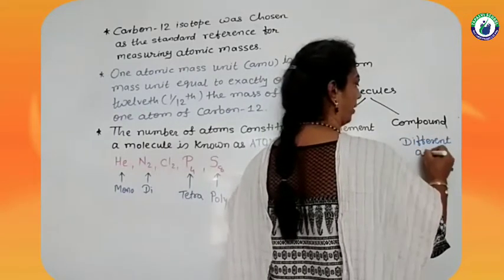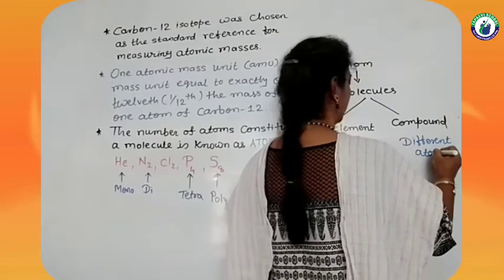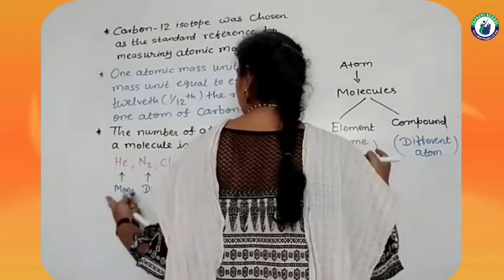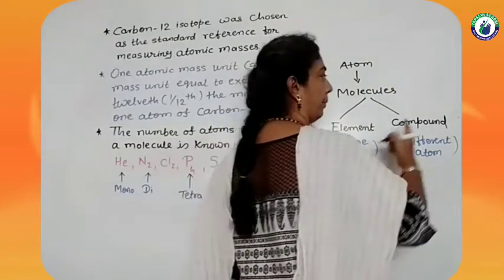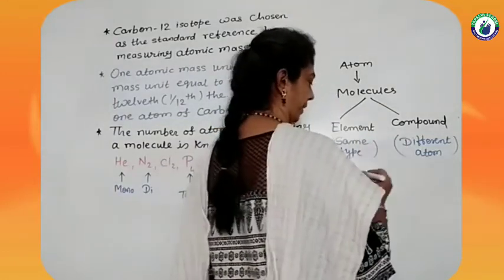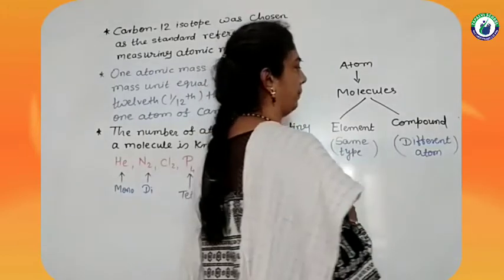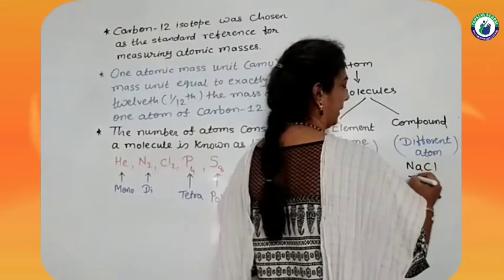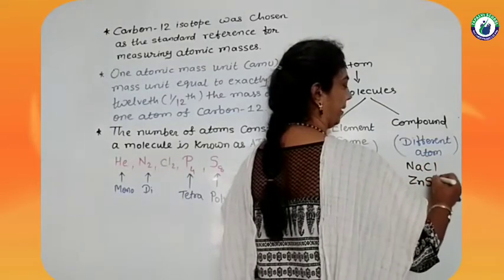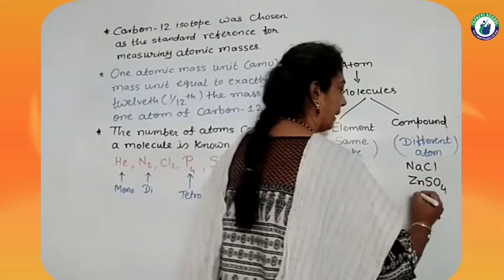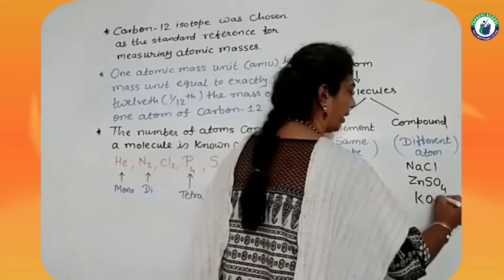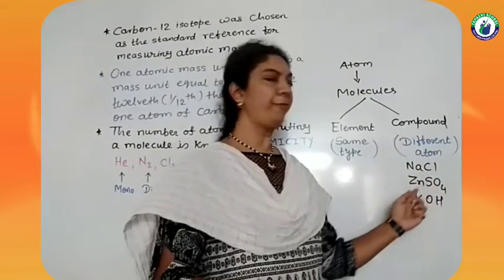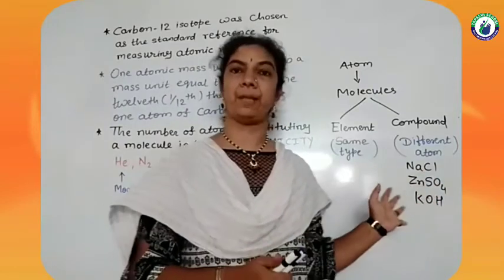For different atoms, we can take the example of NaCl, ZnCl2 or ZnSO4, KOH. Here we can see that atoms of different elements have combined.